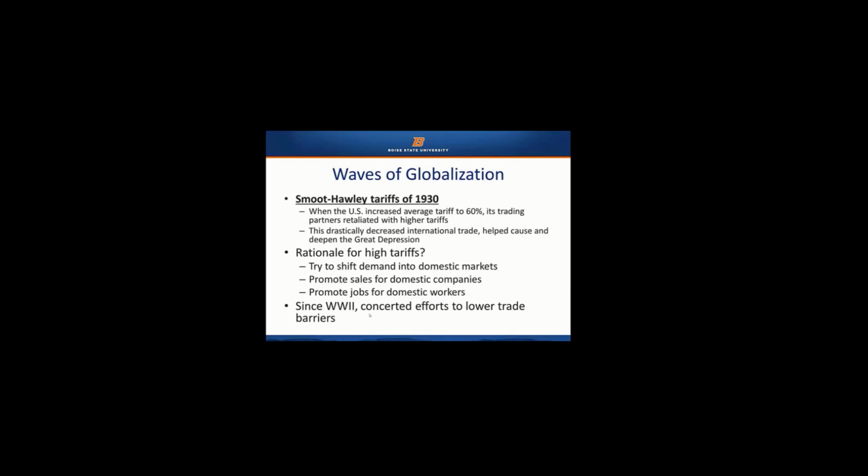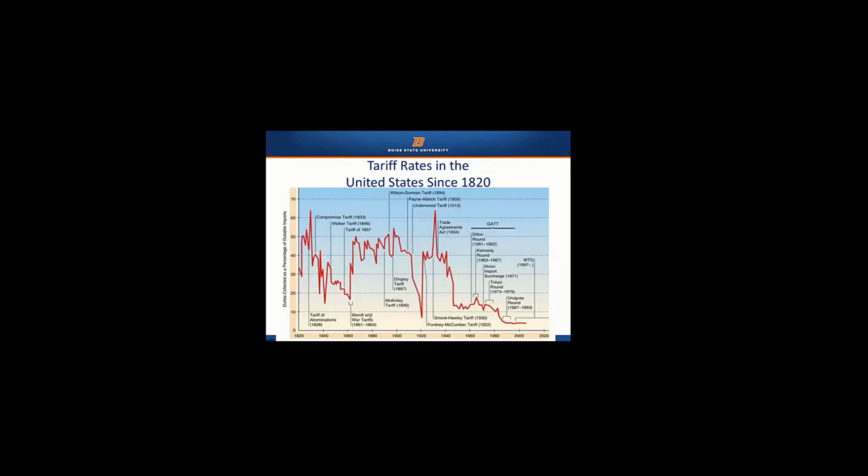After World War II, countries said, that wasn't such a great idea. Let's do something differently. Here's what is in your book: the different tariffs that were enacted in the United States. Here are the Smoot-Hawley tariffs in 1930, and then since then, reductions. And here's the GATT, the General Agreement on Tariffs and Trade, the precursor to the World Trade Organization.